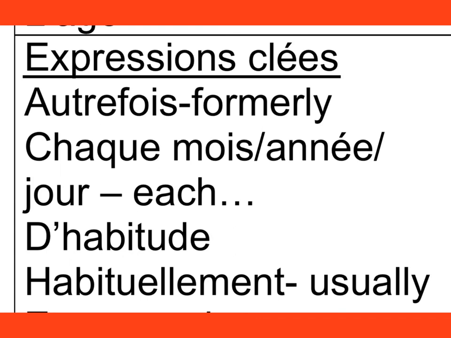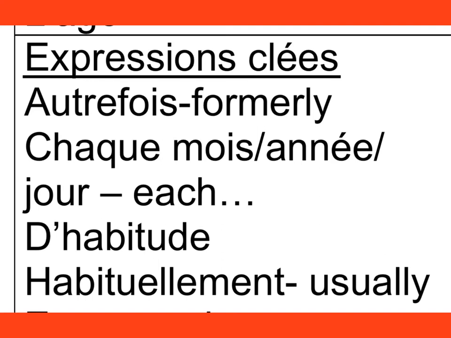So some of our key expressions can help you figure out that the verb you're going to conjugate is in the imparfait. We have autrefois, which we used a lot already, which means formerly or in the past, because we're going to talk about things that happened before on a regular basis.